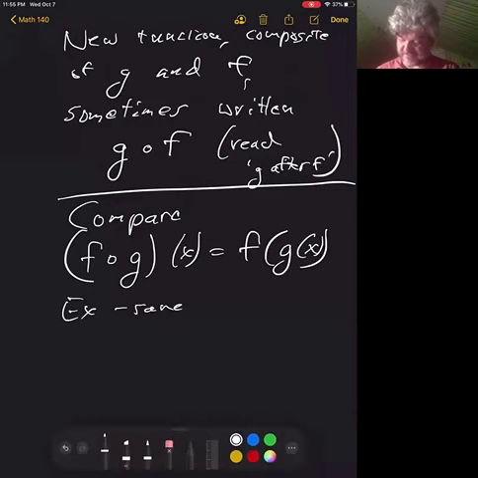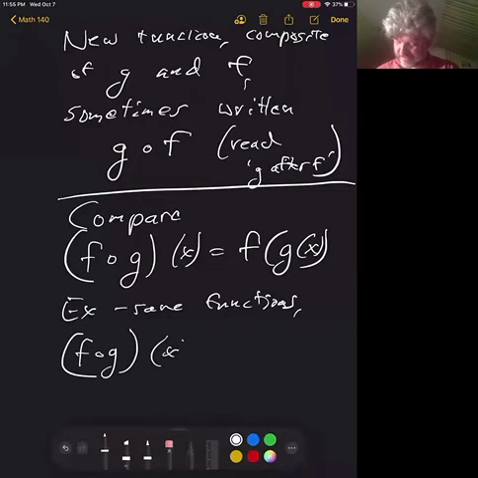Use the same functions. What do we get now? We take x plus 2 as input for the function f. And what does f do with it? It squares it. So that's what we get.